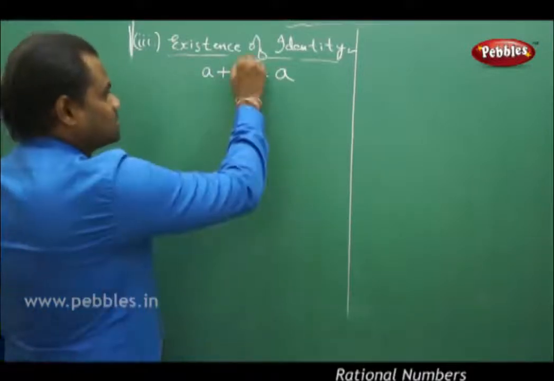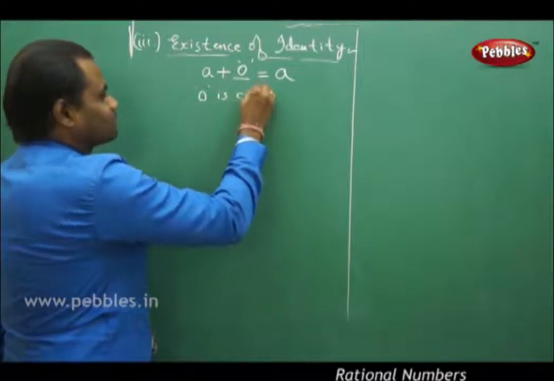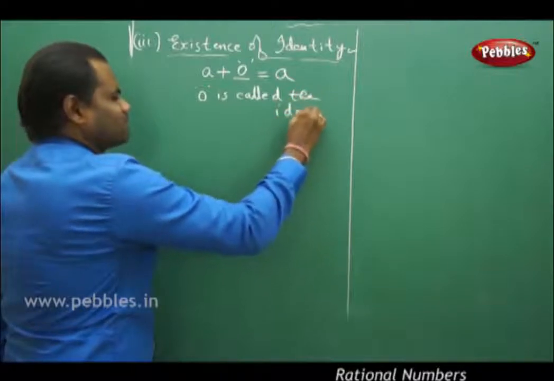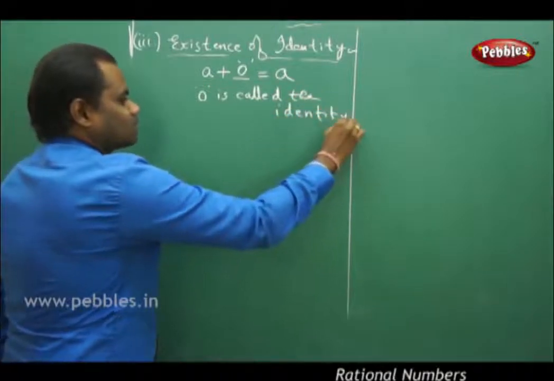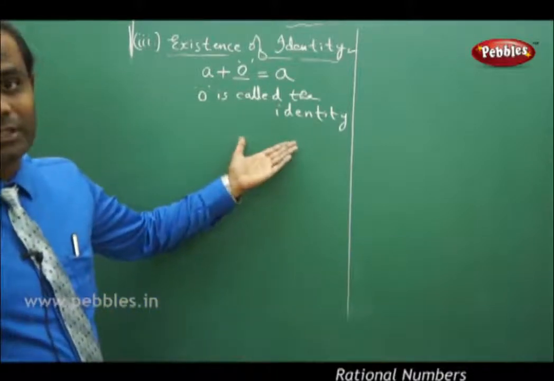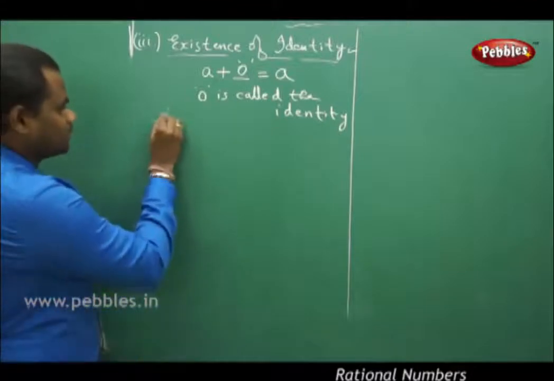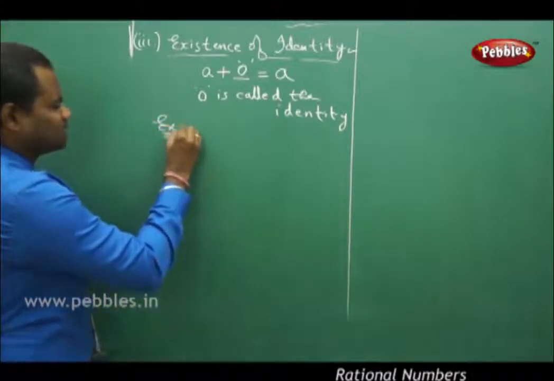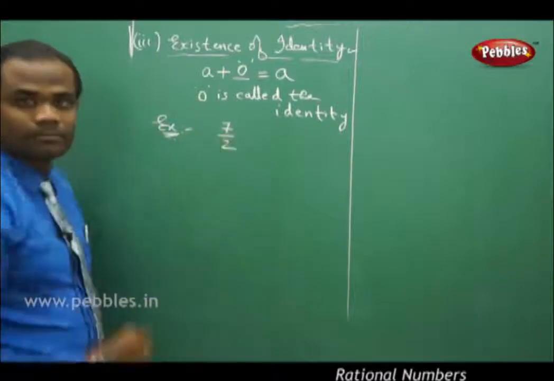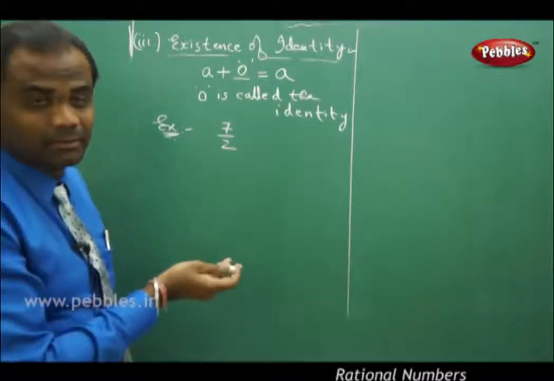So 0 has a special property, and in this case 0 is called the identity under addition. So this is very important in understanding the identity property of various numbers. For example, I take any rational number, say 7/2, and I want to add 0 to this and see if I get back the same element.